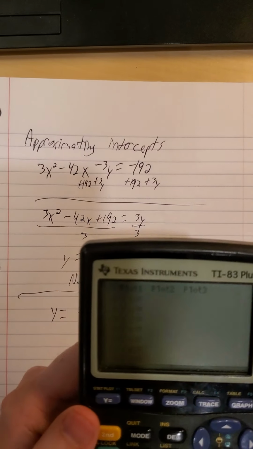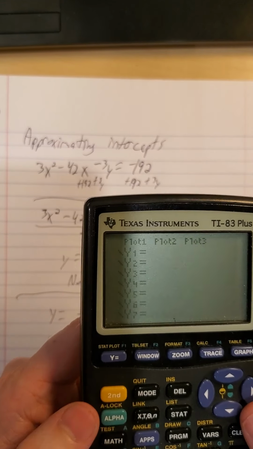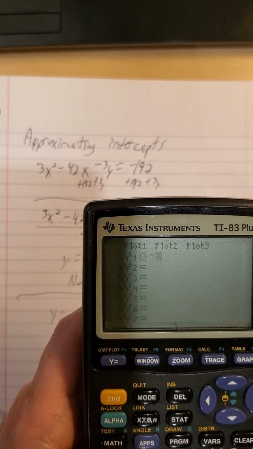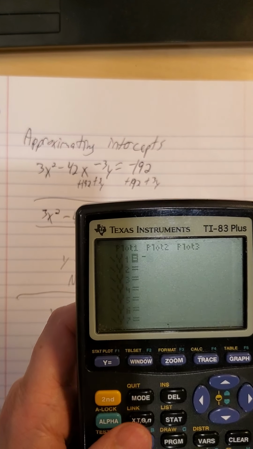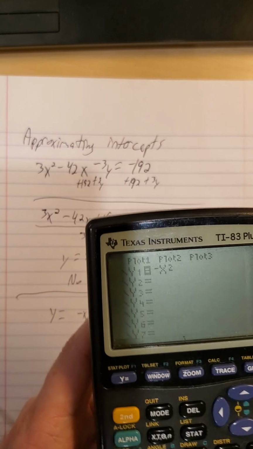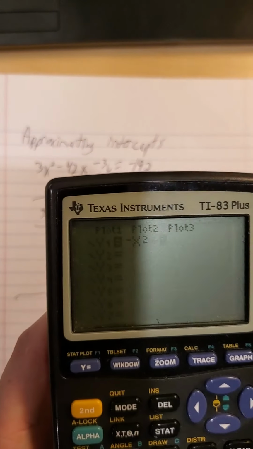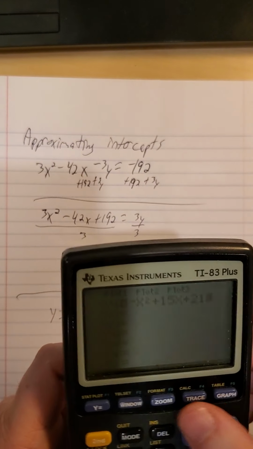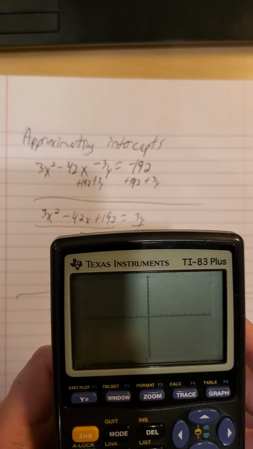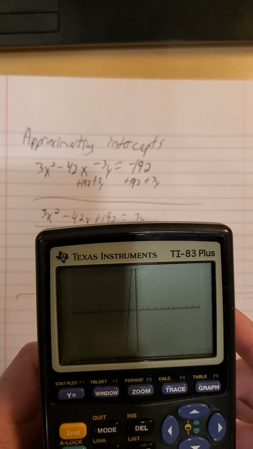So again, back to our y equals. We'll clear out our old functions, and make sure you're using opposite, not your subtraction button. Opposite of x squared plus 15x plus 21. We'll start on zoom 6 and adjust as we need to.